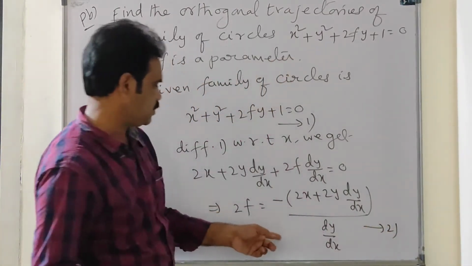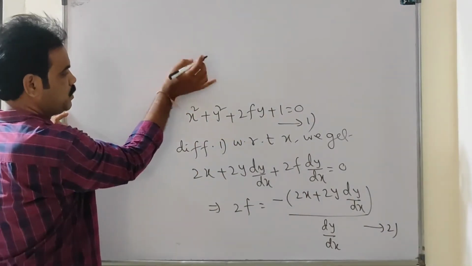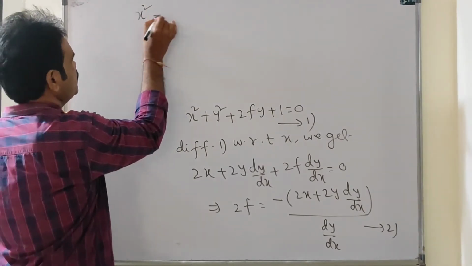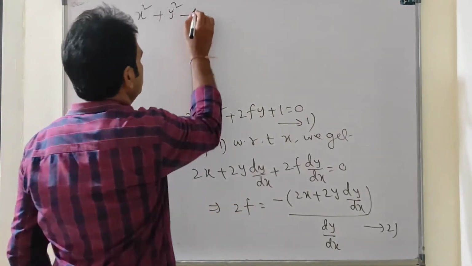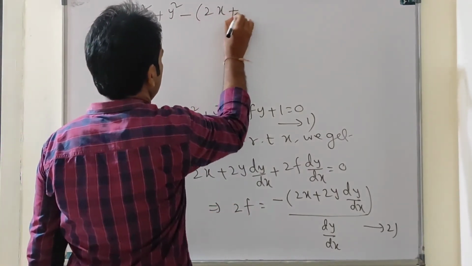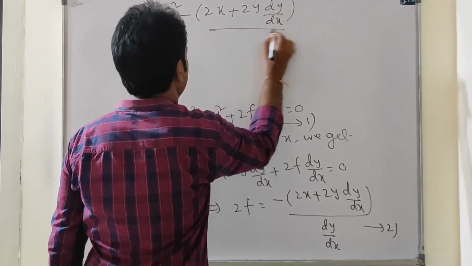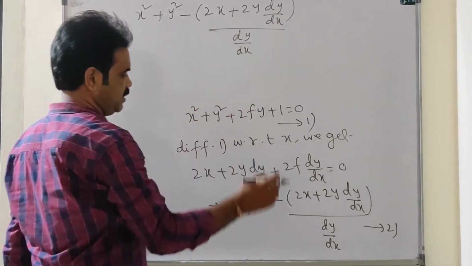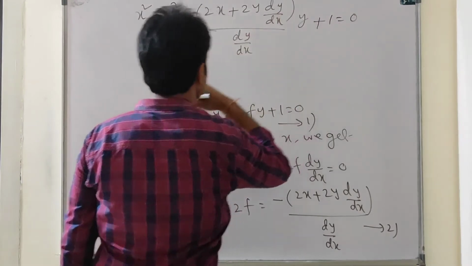Now substitute 2 in equation 1. We get x square plus y square plus, in place of 2f, write minus of 2x plus 2y dy by dx, all divided by dy by dx, into y, plus 1 equal to 0.